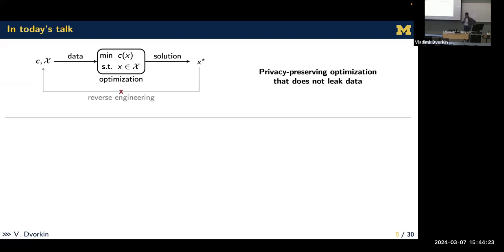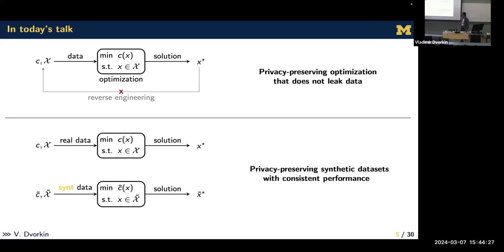To address the second part, improving transparency in power systems and understanding better what the grid looks like, I'm looking at the problem of privacy-preserving synthetic dataset generation. The idea is that the real dataset, for many valid reasons, will never be revealed to the public, but maybe, based on this dataset, we can produce a synthetic version such that if we plug it into the same optimization solver, it will produce a solution very similar to the solution of the original data.